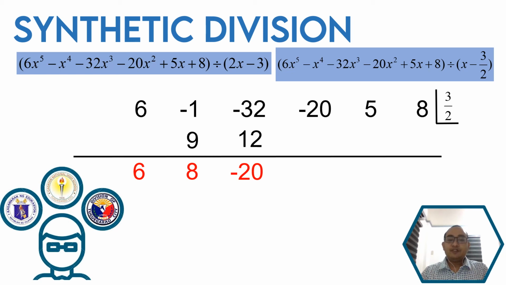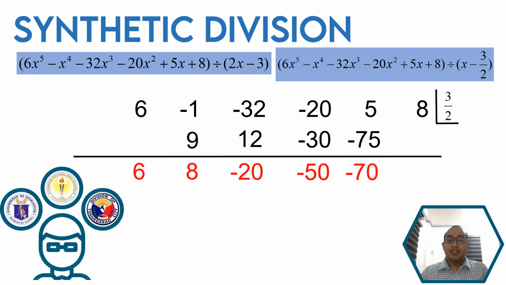Next, negative 20 times 3 over 2 will give me negative 30, and negative 20 plus negative 30 will give me negative 50. Next, negative 50 times 3 over 2 will give me negative 75, and 5 plus negative 75 will give me negative 70.